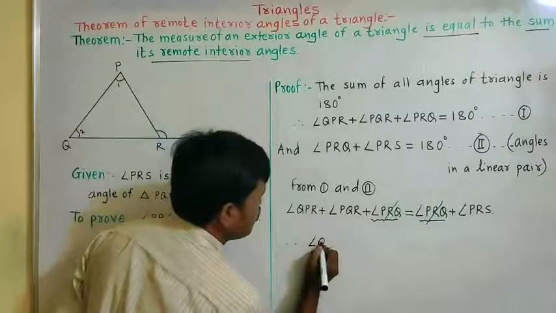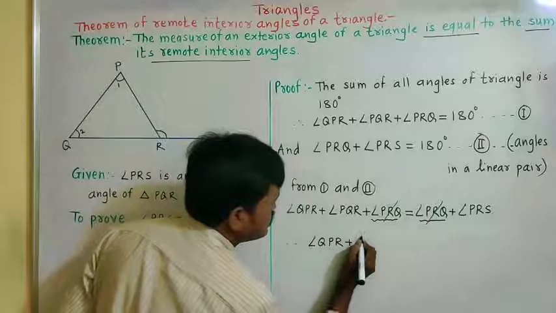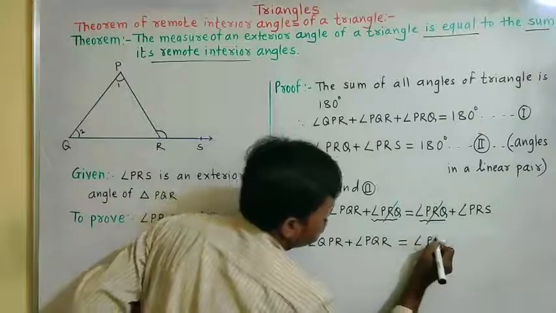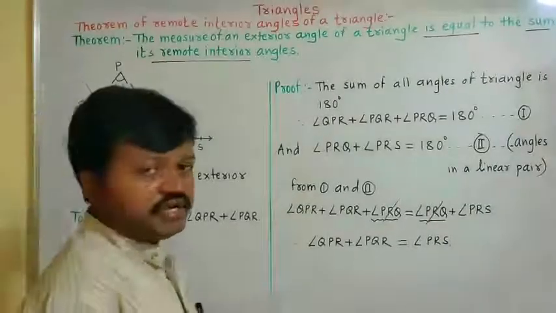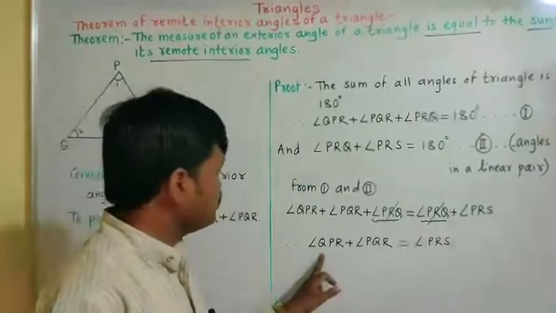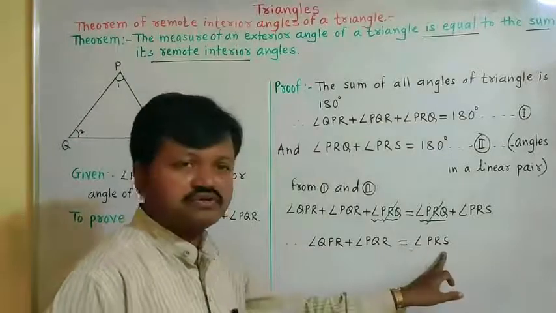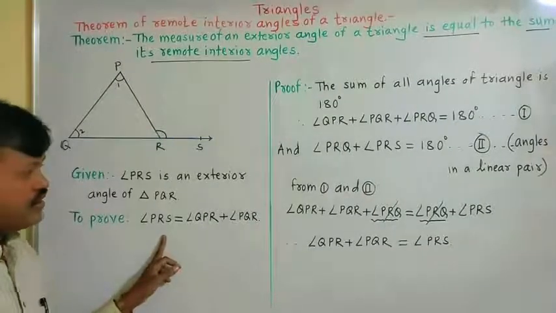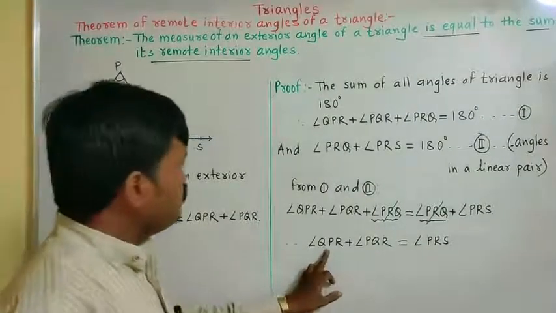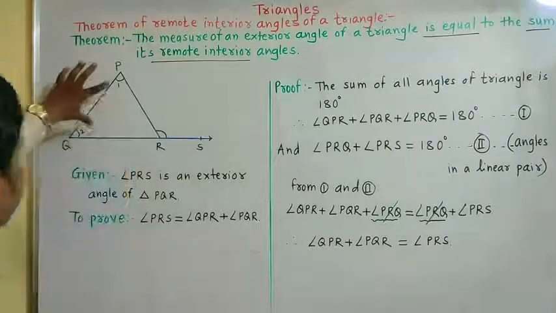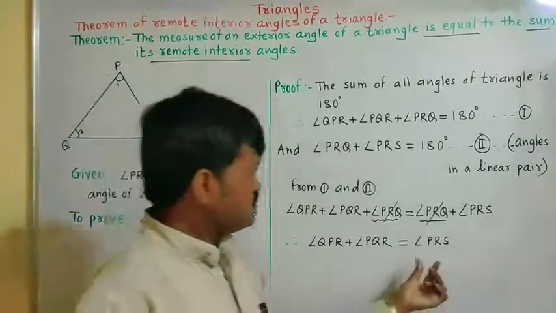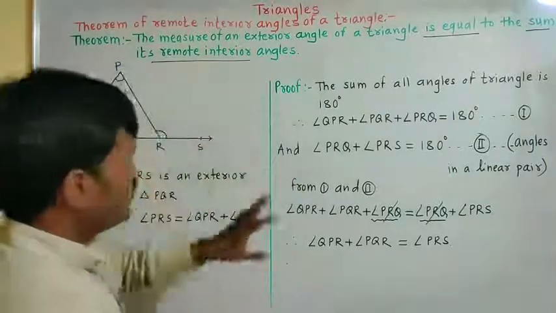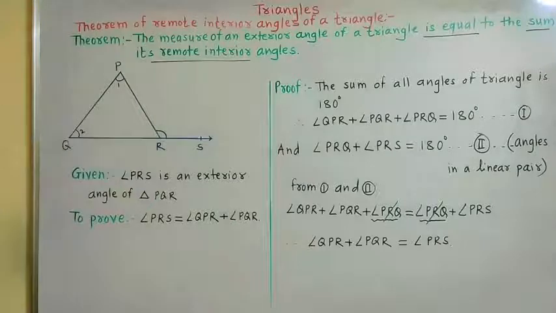Therefore, angle QPR plus angle PQR is equal to angle PRS. So this is our to-prove part. Now angle QPR and angle PQR are remote interior angles, and the summation of these two angles is equal to angle PRS, which is the exterior angle. So we prove this theorem.